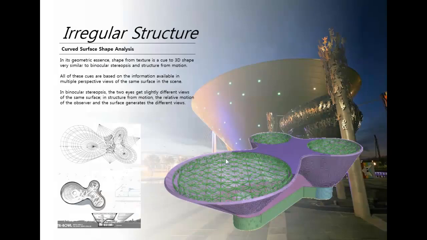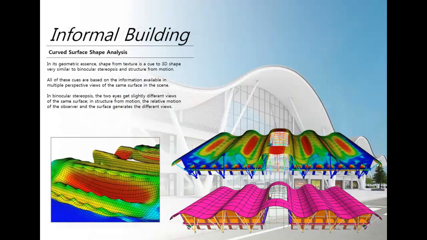When it comes to irregular structures, you can easily do the modeling and you can get the analysis results. In former buildings, curved surface shape analysis can also be performed very efficiently by MIDAS nGen.